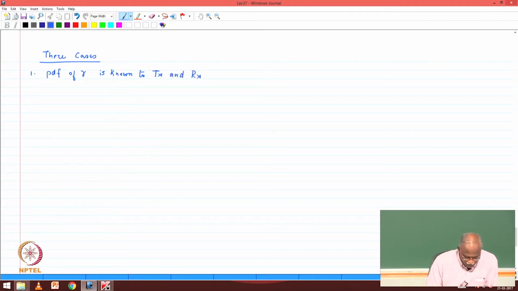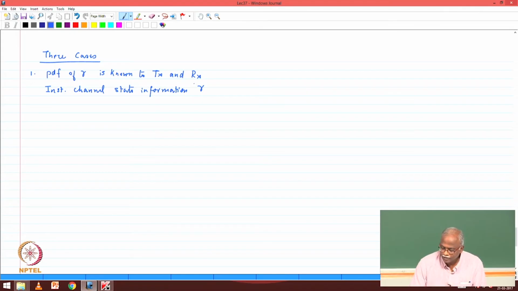This is a case where the instantaneous channel state information, that is gamma, is not known at Tx or Rx.